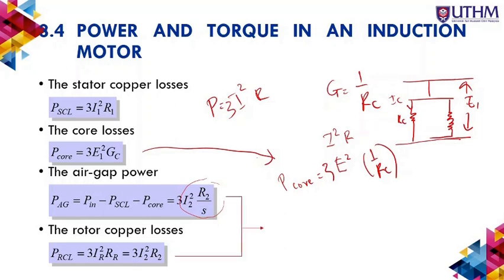So for these two parts actually ada relationship dengan S lah. So kita boleh gantikan je lah. Bila kita gantikan yang ni RCL ni, kita tengok di equation ni, beza dia hanya ada S di bawah ni kan. Okay, so therefore dia ada relationship between the air gap dengan rotor copper losses.